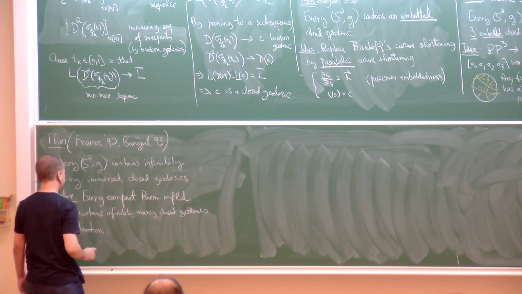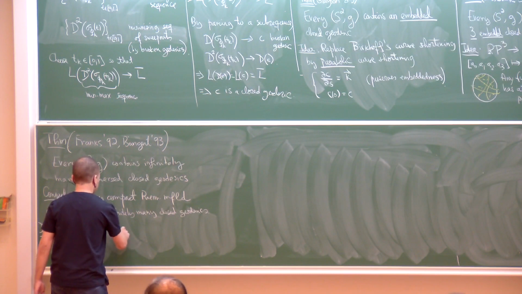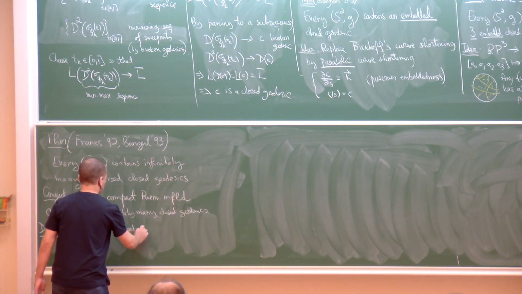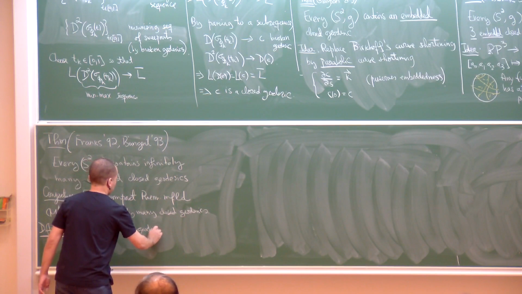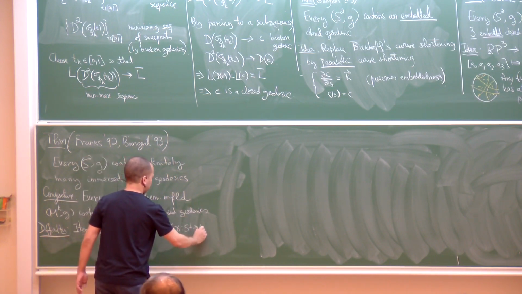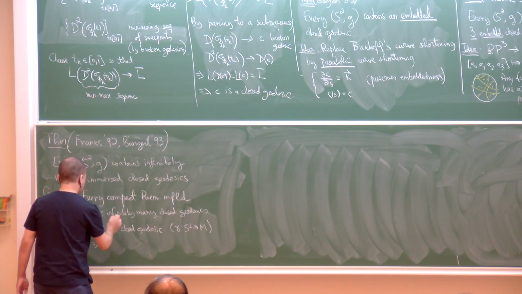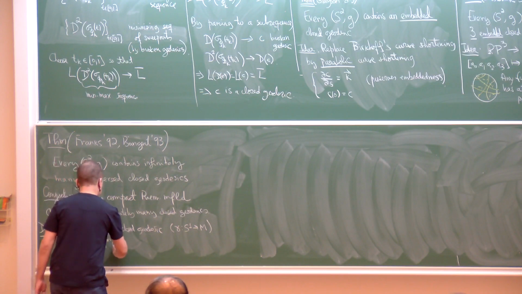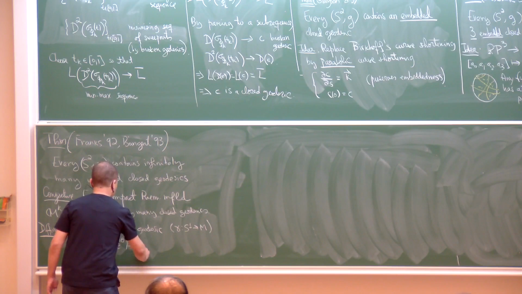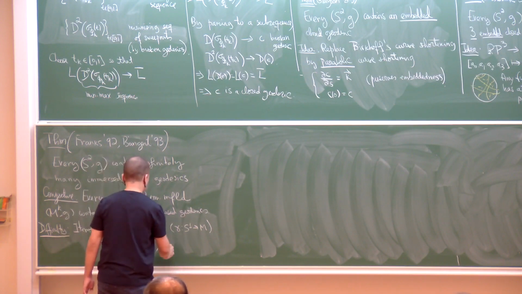So the fact that if gamma is a closed geodesic, so gamma is a map from S1 to M, then I denote by gamma to the power m, defined by e^{i theta} maps to gamma of e^{i m theta}. This is also a closed geodesic.